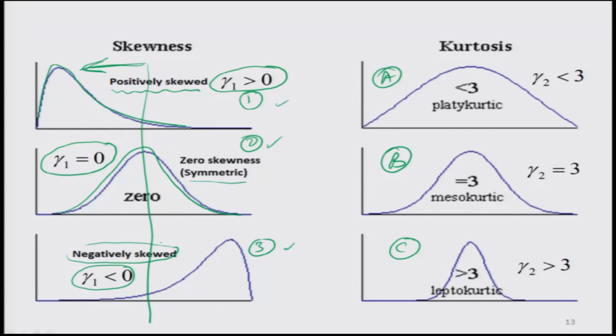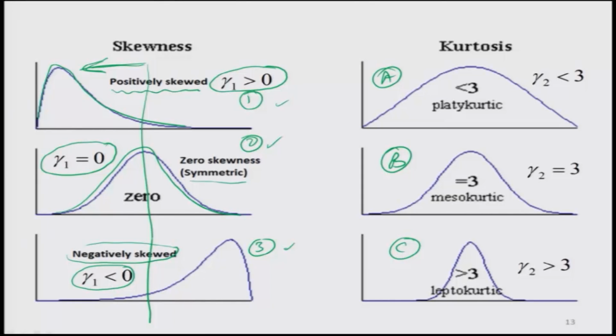This means that when I compute the coefficient of skewness on the basis of a given sample of data, and the value comes out to be negative, then I can conclude that the hump of the curve is shifted on the right hand side, where more frequency is concentrated on the right hand side of the curve. Whereas in figure number 1 more frequency is concentrated on the left hand side, and in the second case the observations are symmetrically distributed around the mean.